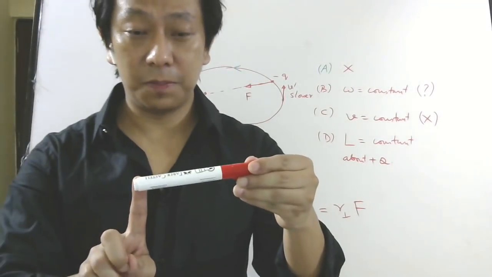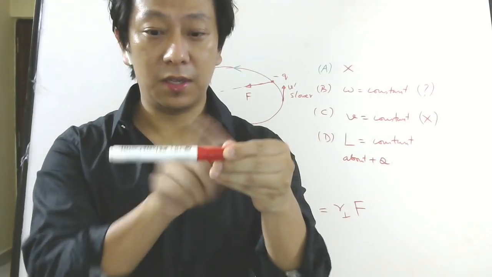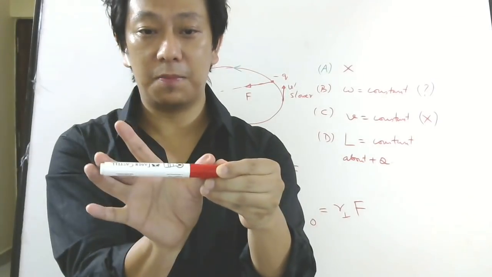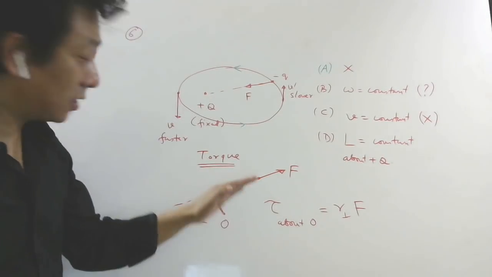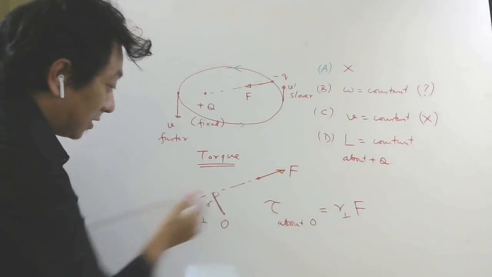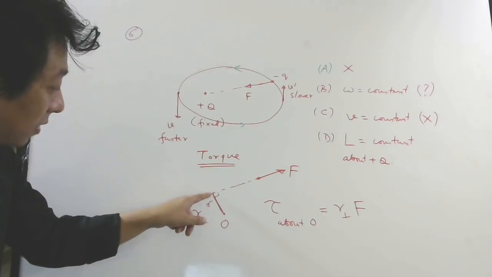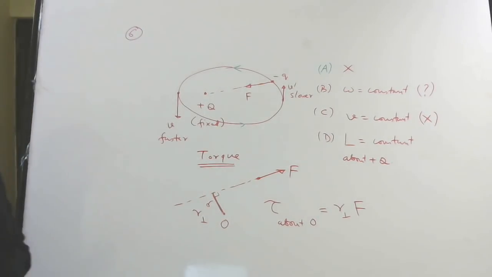If you apply force perpendicular itself, if you apply force like this about this point, then this itself is your R perpendicular. This is your force, this is R perpendicular. But here I am showing you that no matter in what direction you apply force, you can calculate torque by simply extending the line of force and then dropping a perpendicular from the line of force to the point, or from the point to the line of force.